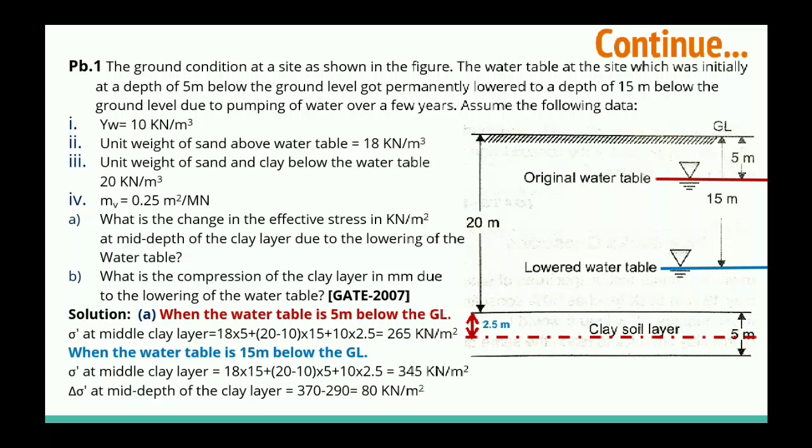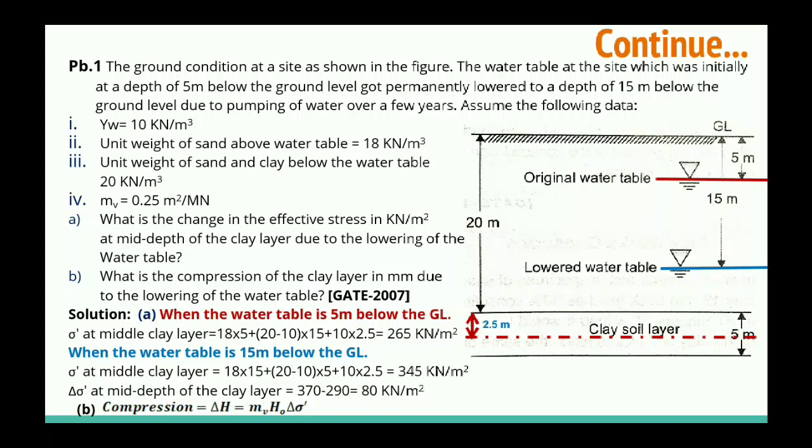So let's calculate the second part, that is, the settlement of the clay layer due to the lowering of the water table. We can use this formula: delta h is equal to mv into h naught into delta sigma dash.